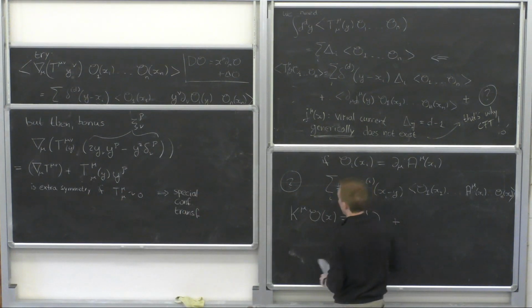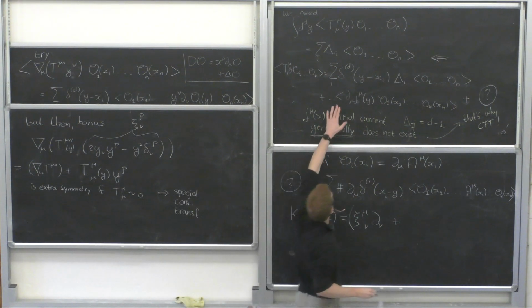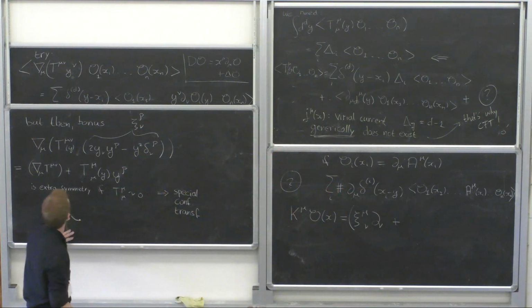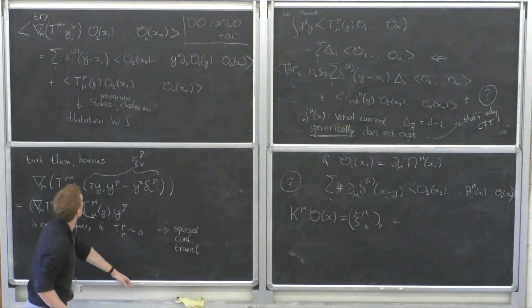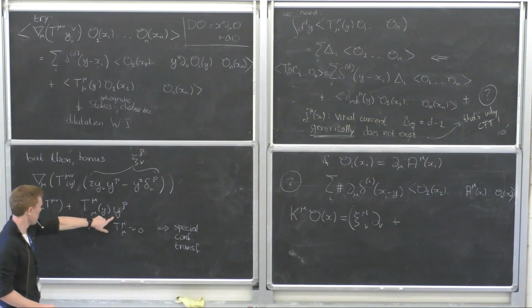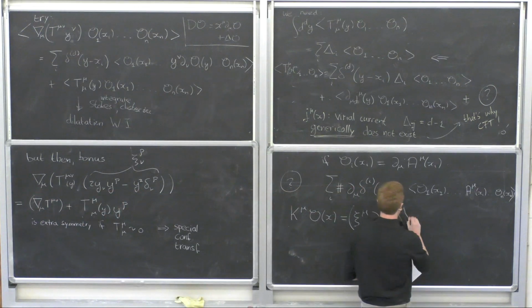Then we had from the extra contact term, from this, we had T mu mu. Where did we have it? T mu mu times y. Right, so we have y mu times T mu mu, and the T mu mu just gives me a delta function.